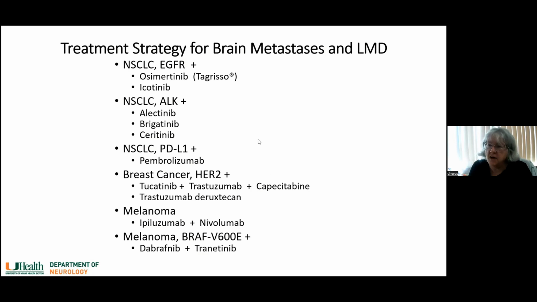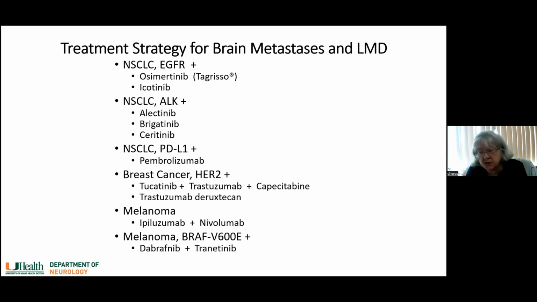So we now have treatment for non-small cell lung cancer with the different mutations, EGFR or ALK positive, or if they're PD-L1 positive, immunotherapy. Breast cancer is a high area of interest, and this combination under HER2 positive tumors uses tucatinib, which is a small molecule inhibitor, trastuzumab, which is a monoclonal antibody for HER2 positive patients, and capecitabine, an oral 5-FU chemotherapy.